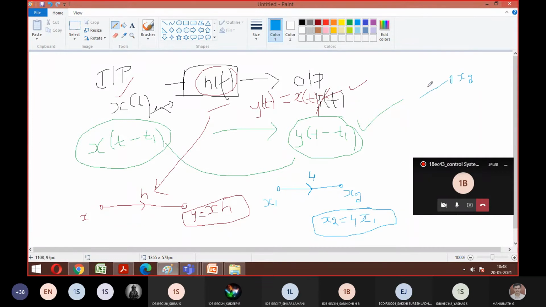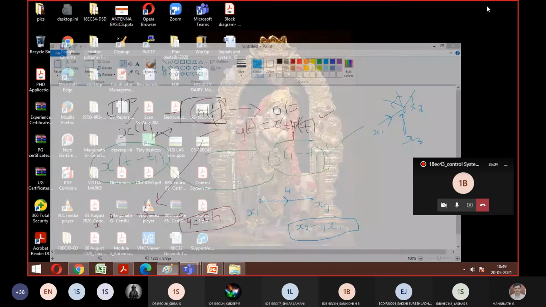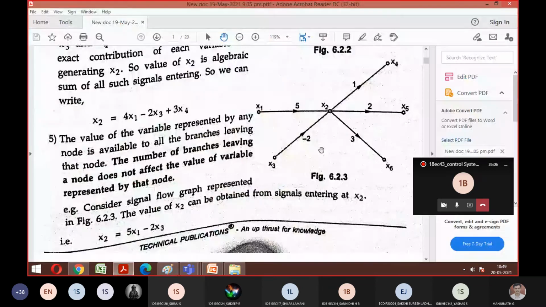You can take x1 here, x3 here, x4 here, x5 here, x6 here. Our only worry is whether it is leaving or entering, that's it. Where you do the alignment doesn't make any difference. Is it fine? So the arrow mark plays a major role and the corresponding inputs play a major role. Am I clear? You can see this diagram and the previous diagram, are they the same? I've just changed the alignment, right? You can see all these are represented towards my left-hand side. That doesn't make any difference.